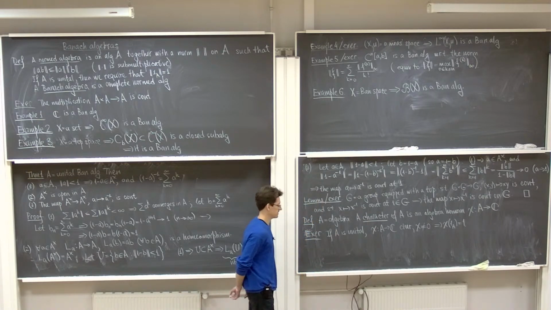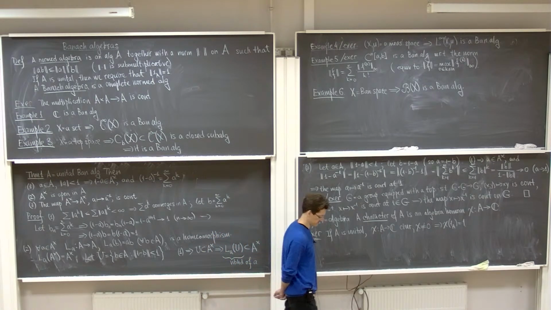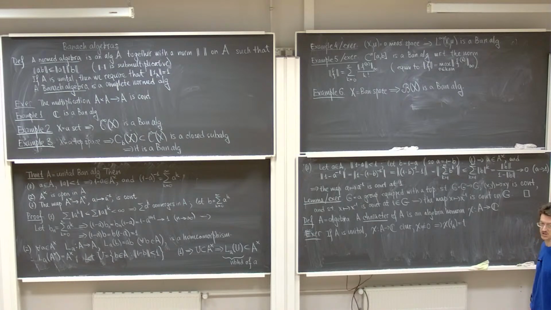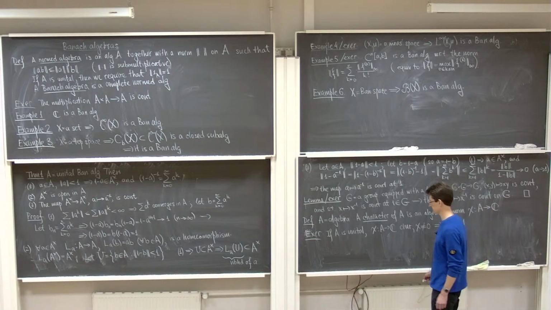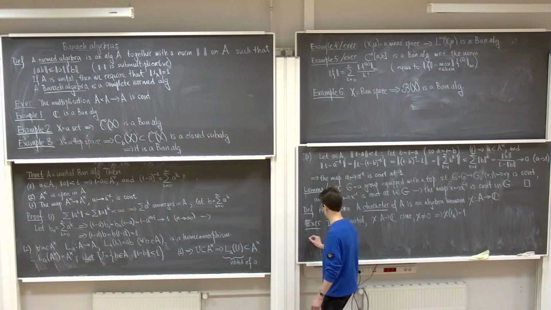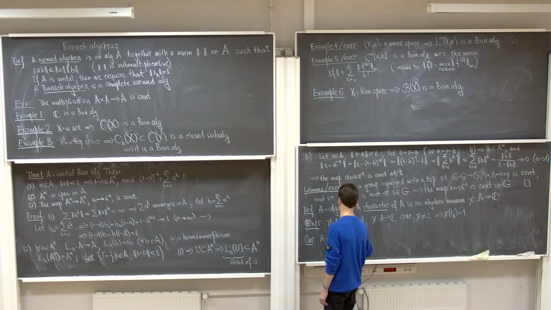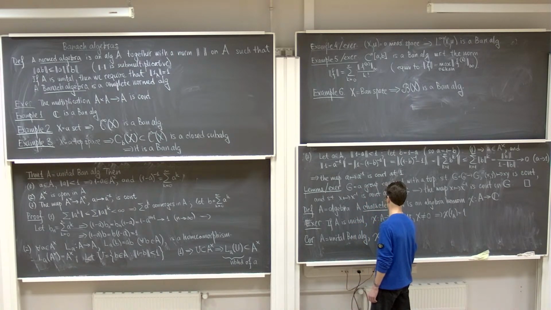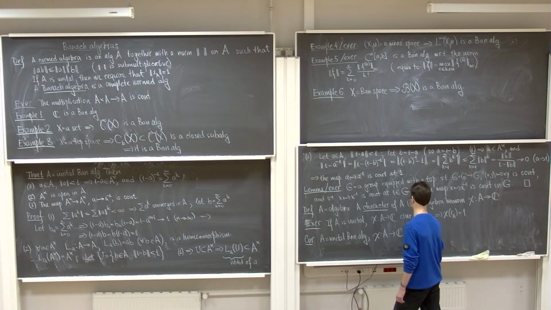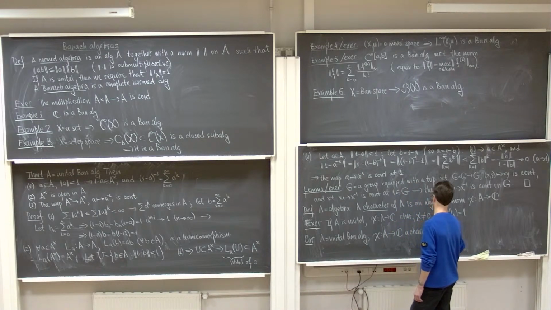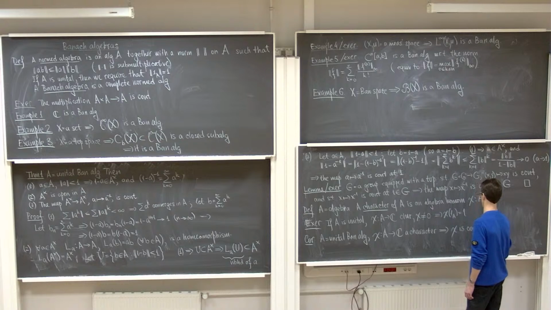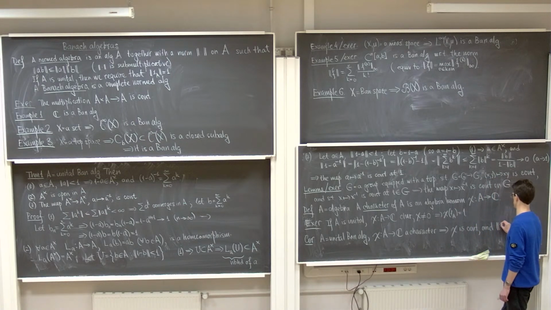So a non-zero linear functional is surjective, and it's almost obvious that a surjective homomorphism between unital algebras is automatically unital. So we now have the following corollary from theorem 1. Suppose that A is a unital Banach algebra, and chi is a character of A. And I claim that chi is continuous automatically, and the norm of chi is less than or equal to 1.